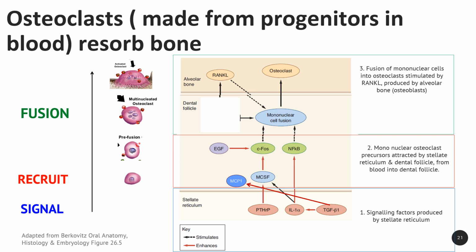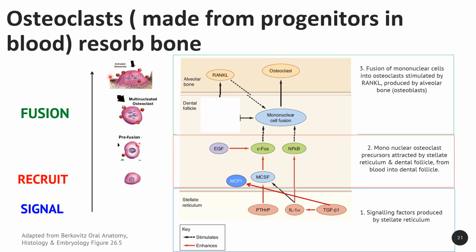So the generation of these functional osteoclasts is stimulated by the alveolar bone itself, by the production of a ligand which activates these osteoclasts into their final functional form, where they're capable of chewing away bone.